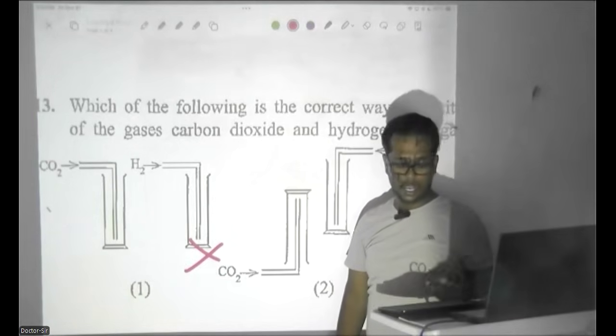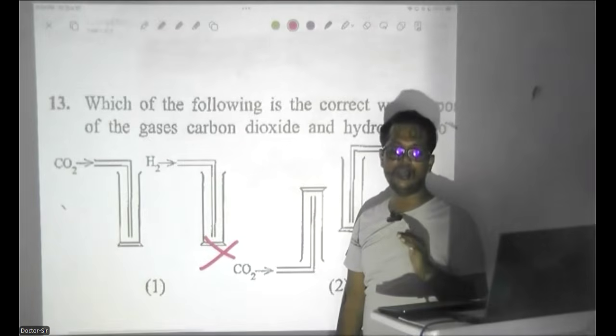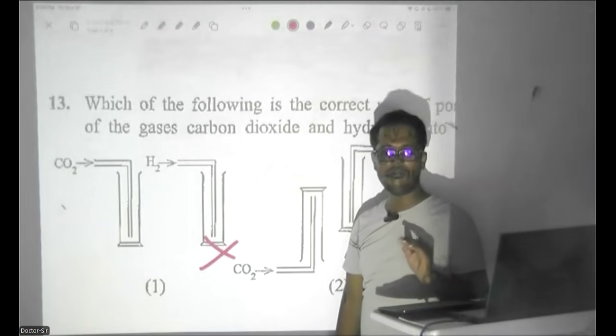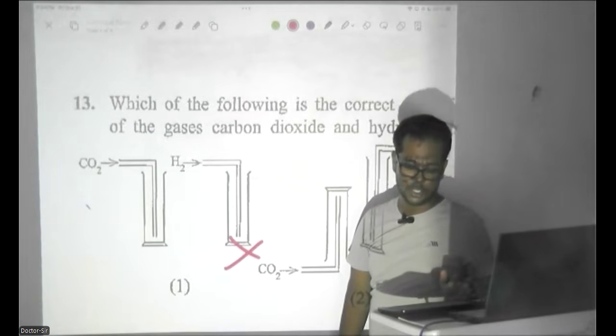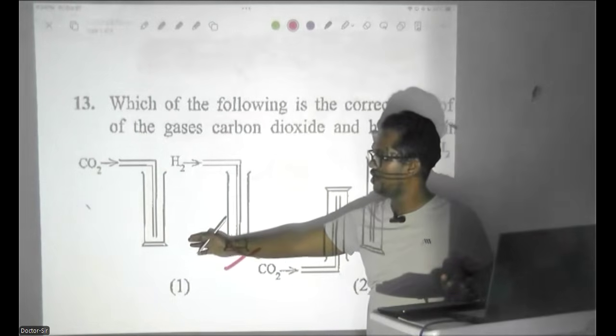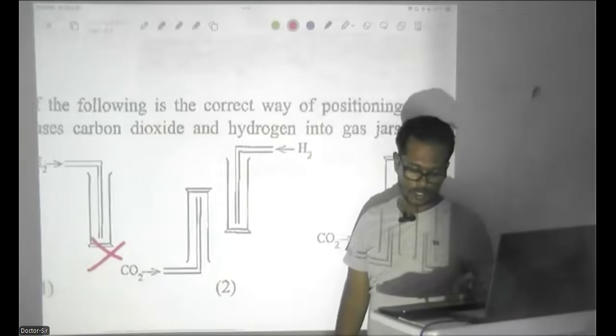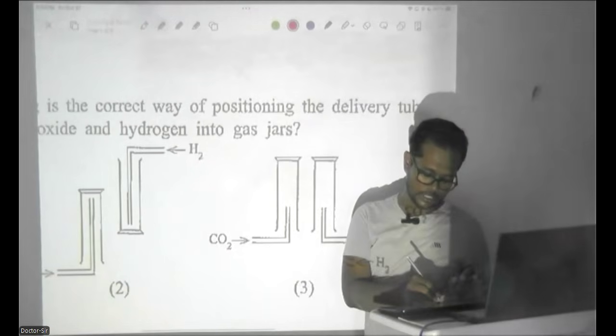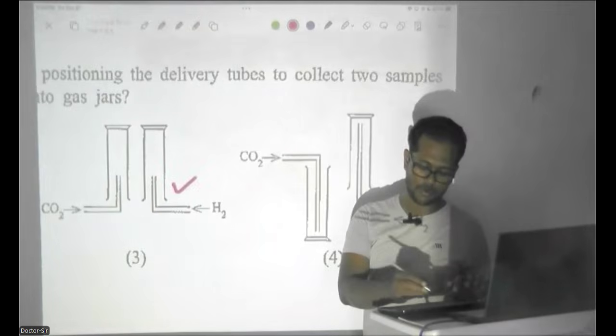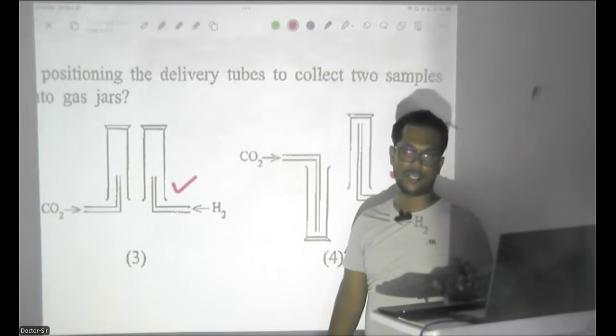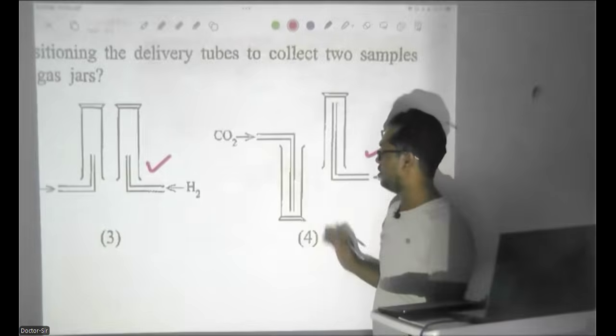Carbon dioxide we can collect this way. Why? Carbon dioxide has some amount of weight compared to hydrogen, so it can be collected like this. This method is not good for hydrogen, but this method and this method are okay for hydrogen.